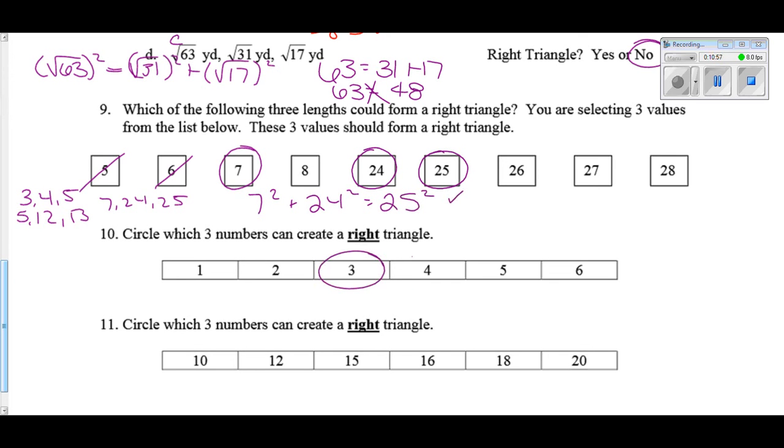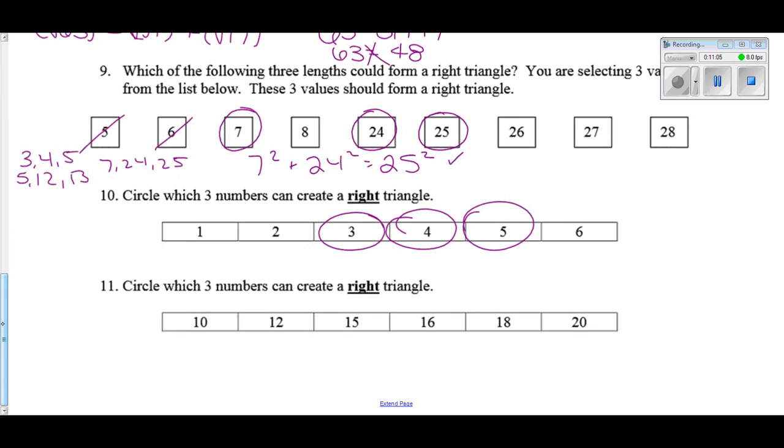Well, we know 3, 4, 5 form the right triangle because they're a Pythagorean triple. 11 is another one. And this one I'm also going to use 3, 4, 5, because 12 is 3 times 4, 16 is 4 times 4, and 20 is 5 times 4.